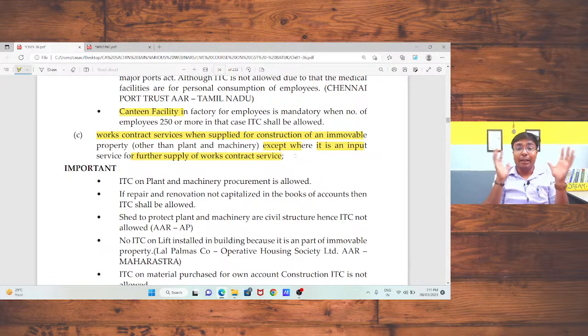Sir, I did not understand. If a works contractor provides any services of construction, that means I want to construct a building, and for that purpose I have connected with a contractor.